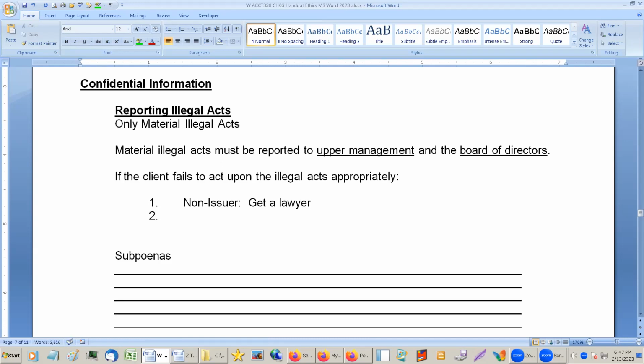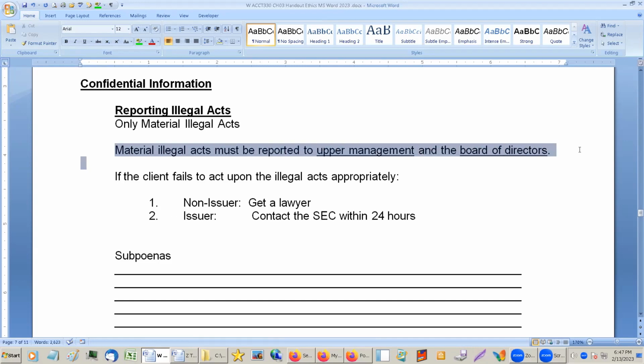And if it's an issuer, contact the SEC in 24 hours. I think we already talked about this.